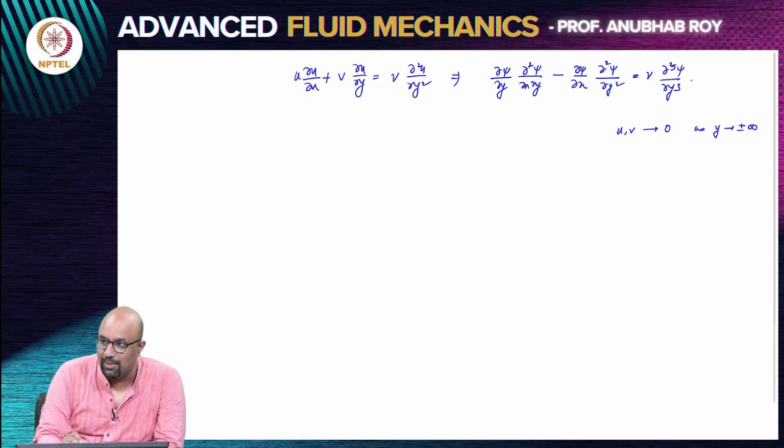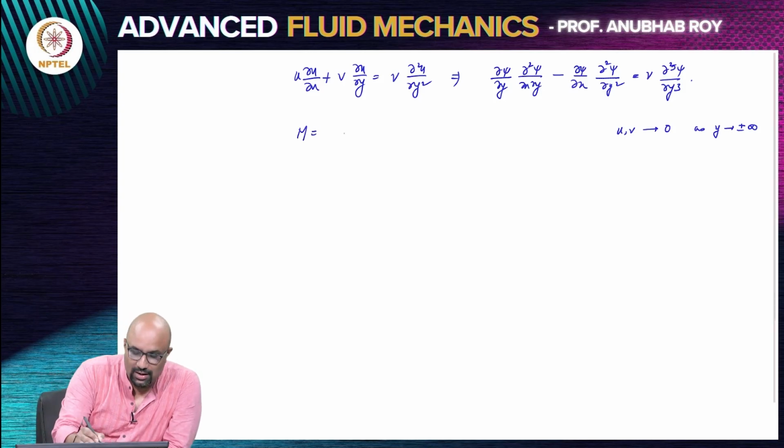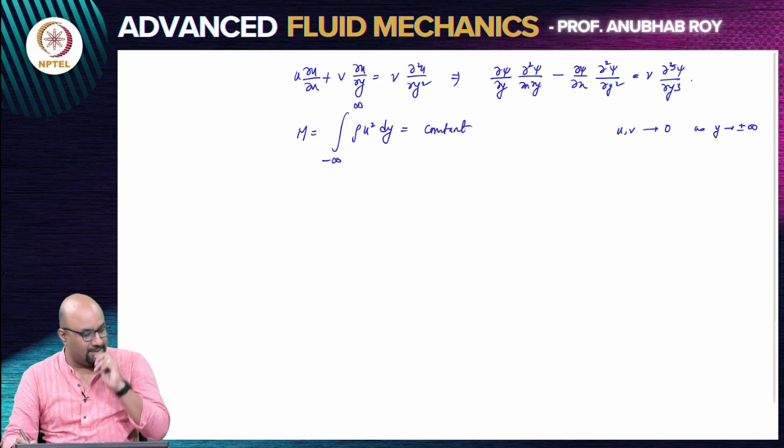Right? That should be my boundary condition in this particular problem. But there is an additional aspect, which is that the integral from minus infinity to plus infinity of ρu² dy should be a constant, basically independent of x.